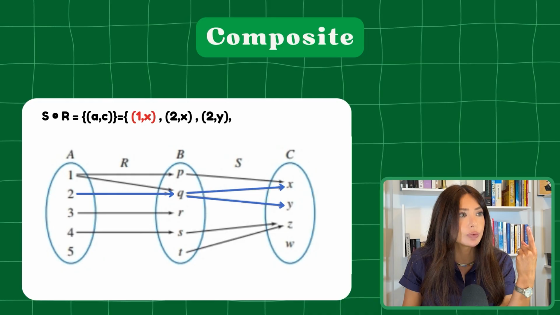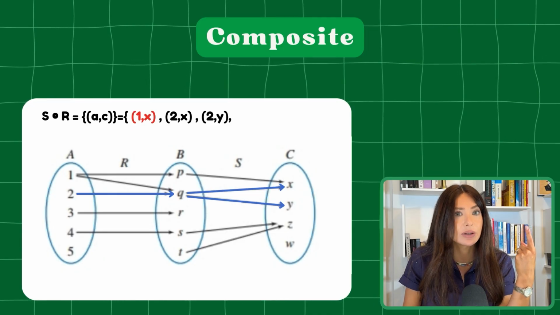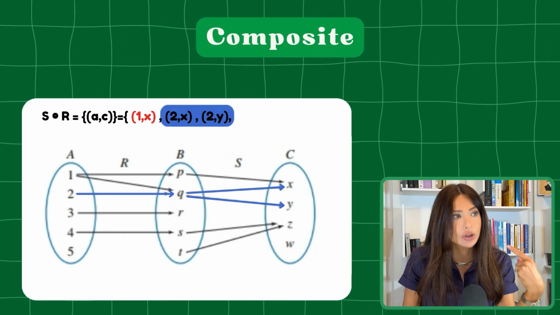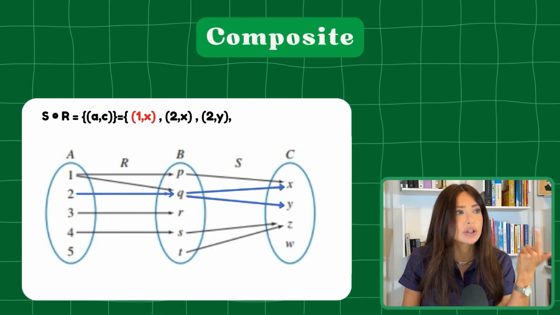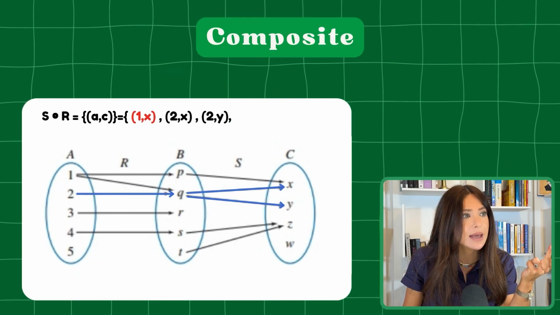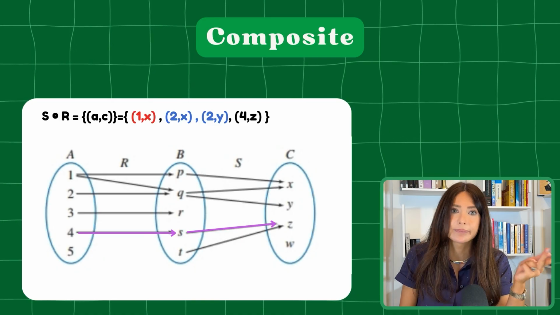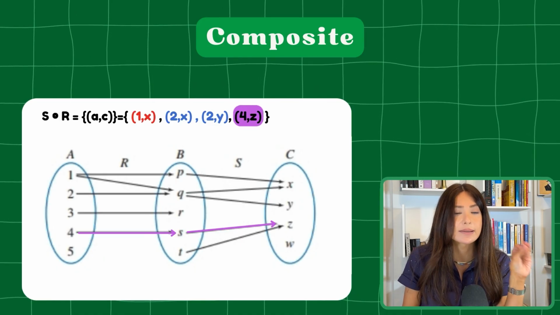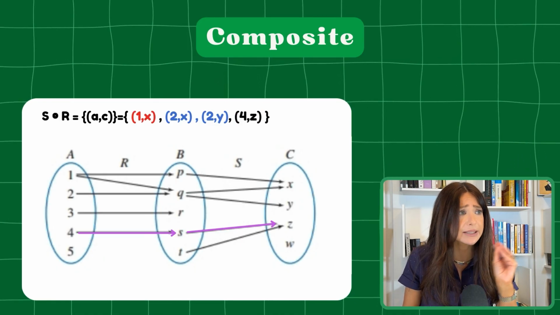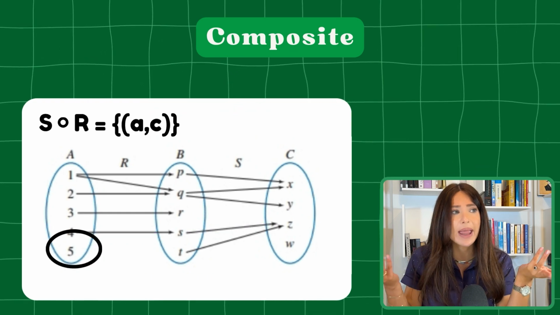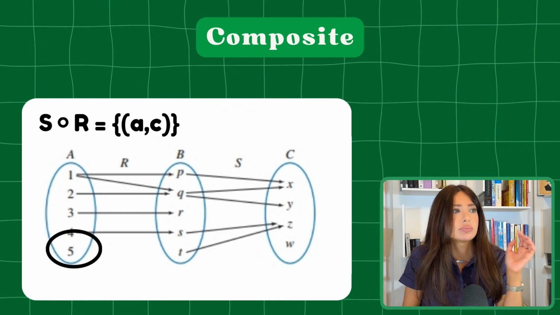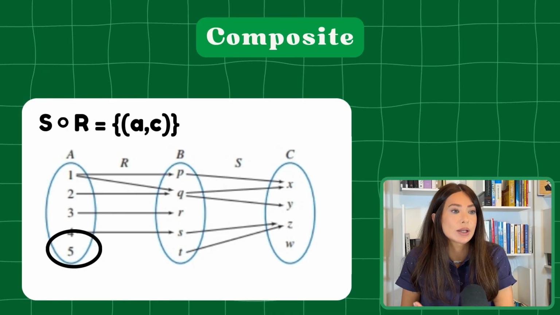Then 2 to Q and X, so 2, X and 2, Y are unique. So I have 1, X; 2, X; 2, Y; and 4, Z. And that's all I'm going to have in S composite R, because, as you can see, 5 wasn't mapped to anything and doesn't participate in this composite relation.